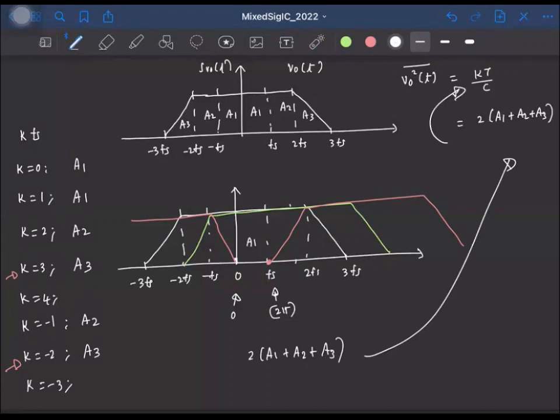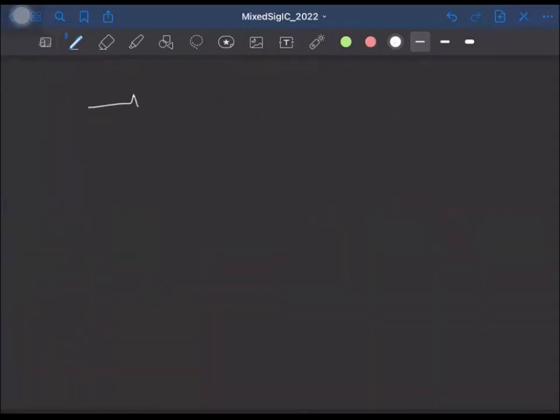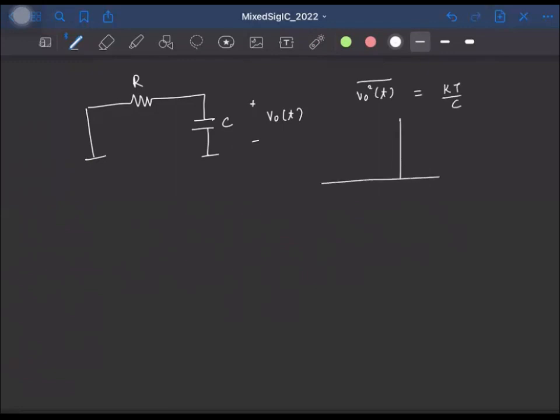Okay. So the bottom line is that when we have a scenario like this, where we have this noisy resistor and we have this as V0 of t, the mean squared value of this continuous time noise is kT by C. Okay. And the power spectral density is some kind of filtered power spectral density like this.